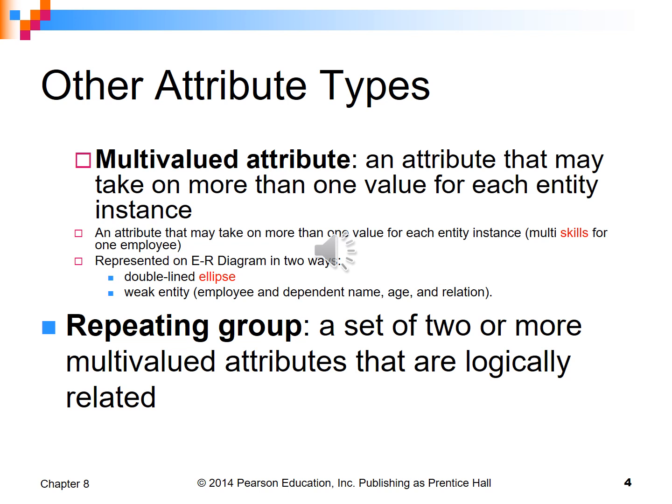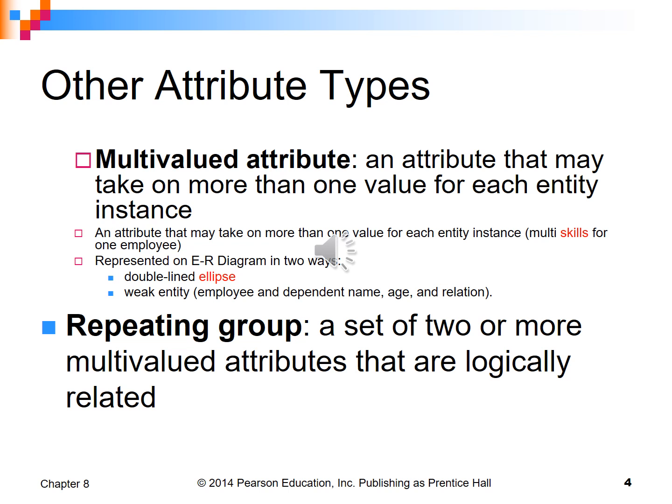Multi-valued: an attribute that may take one or more than one value for each entity instance. Multiple skills for one employee. Like employee and skill, he has multiple skills, you could write.